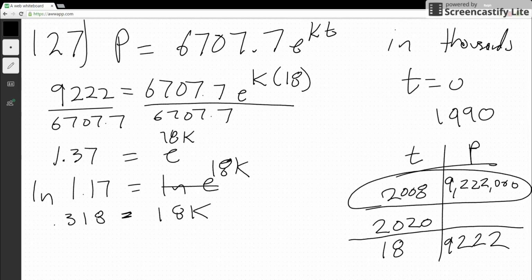Then divide by 18 to get k by itself. And after dividing by this 18, k is about 0.0177. So there's my k value. I had to clear the page because I ran out of room, but just remember that's my k value right there.